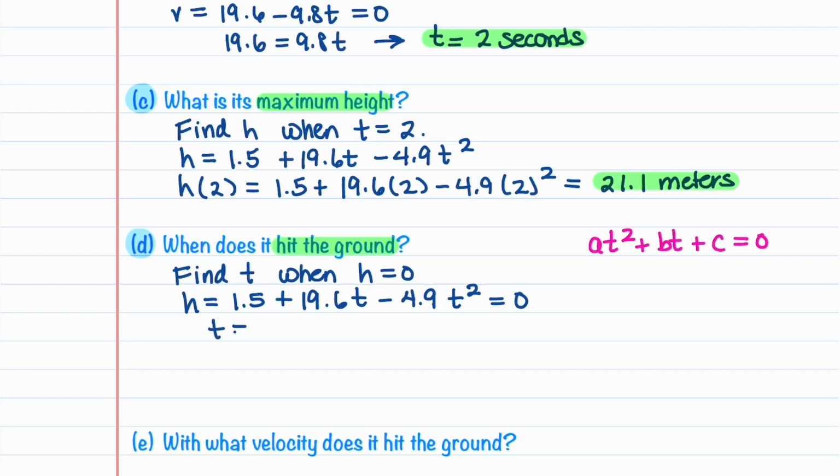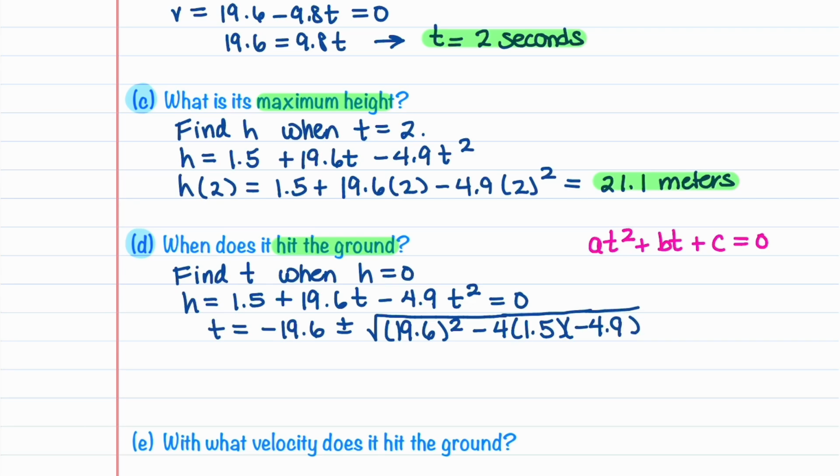So t is equal to minus b, so that's minus 19.6, plus or minus the square root of b squared. So we have 19.6 squared minus 4 times a, which is 1.5, times c, which is minus 4.9. You have to be a little careful with the negatives. And we're going to divide all of this by 2 times a, which is 1.5.